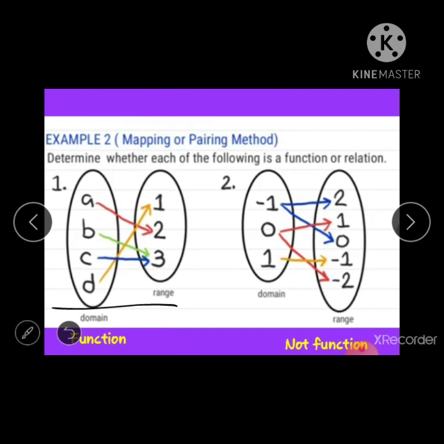The arrow coming from the domain should be exactly one only. We should not have two or more, because if you have two or more, that is not a function. In example 1, A goes to 2, B goes to 3, C goes to 3, and D goes to 1. So the arrow coming from the domain, which is A, B, C, and D, is exactly one only. So example 1 is a function.